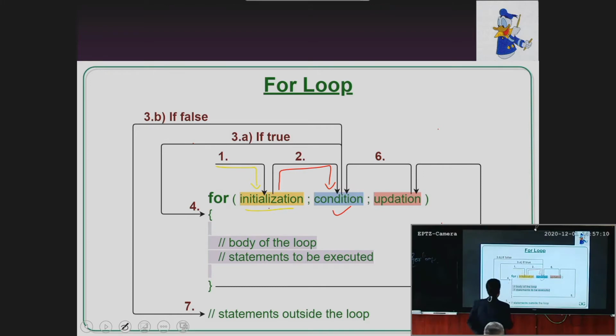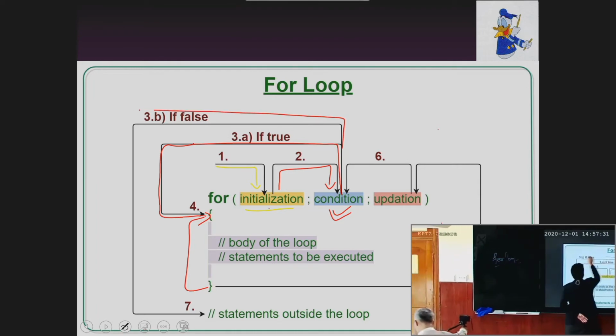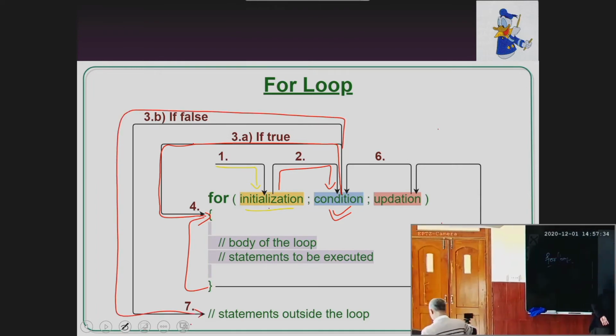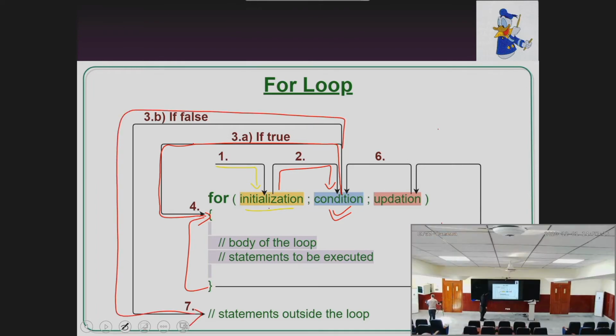Okay, so if the condition becomes true, obviously you can see here this line shows that the body will be executed, and this is the body of the for loop. However, if this condition becomes false, then the execution will come just outside of the body of the for loop. You can see that the execution of the for loop is now stopped, and statements other than those of the for loop will be executed.